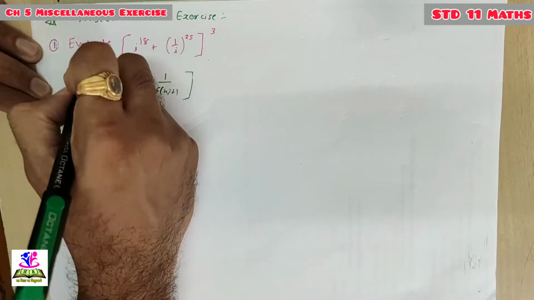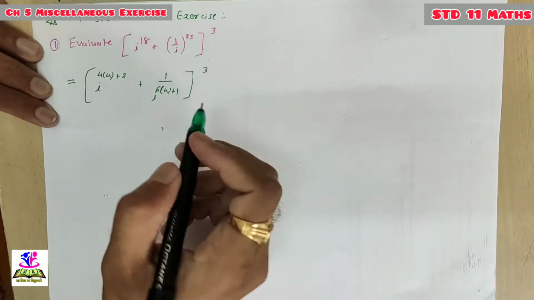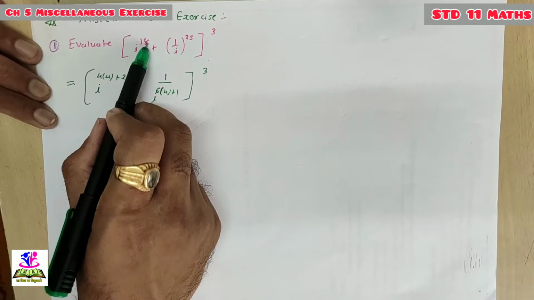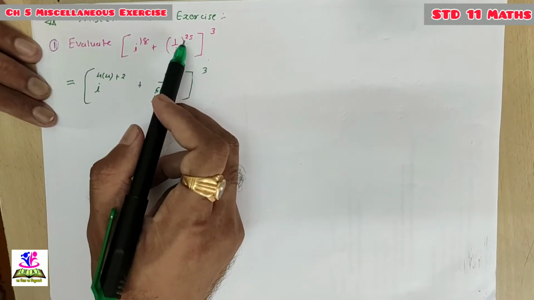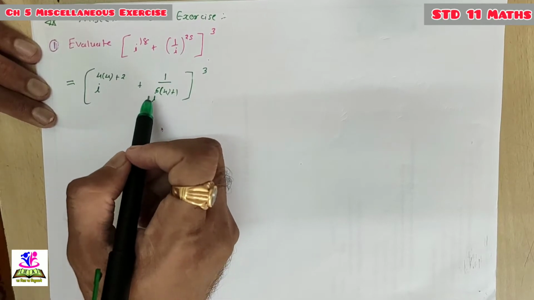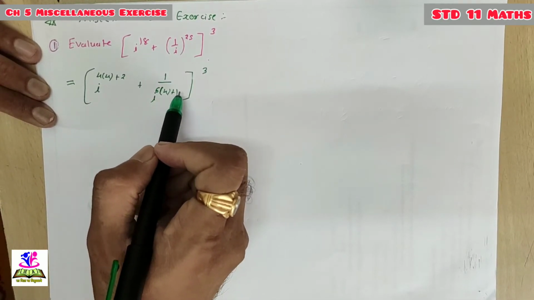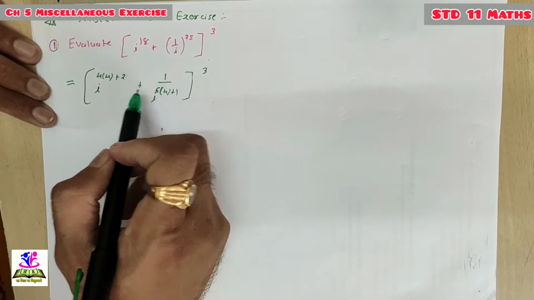So writing the 18 power as i raised to 4k plus 2, and writing the 25 power as i raised to 6 into 4 plus 1, 6k plus 1. Done.